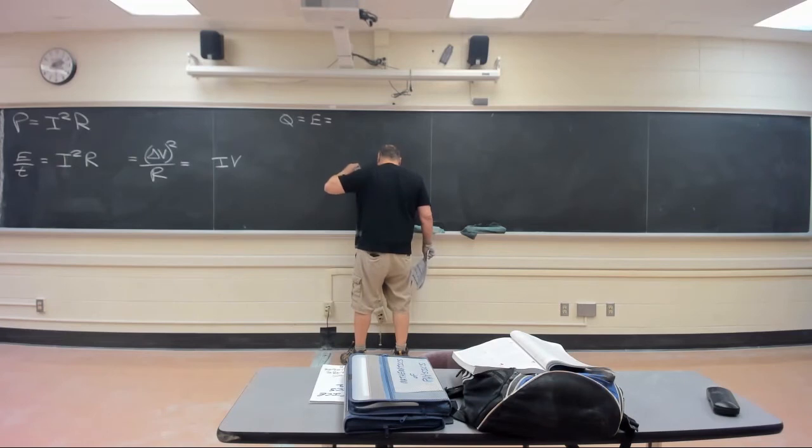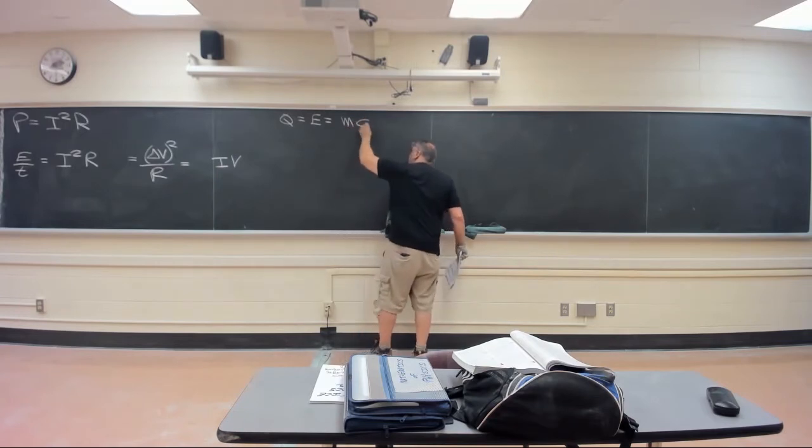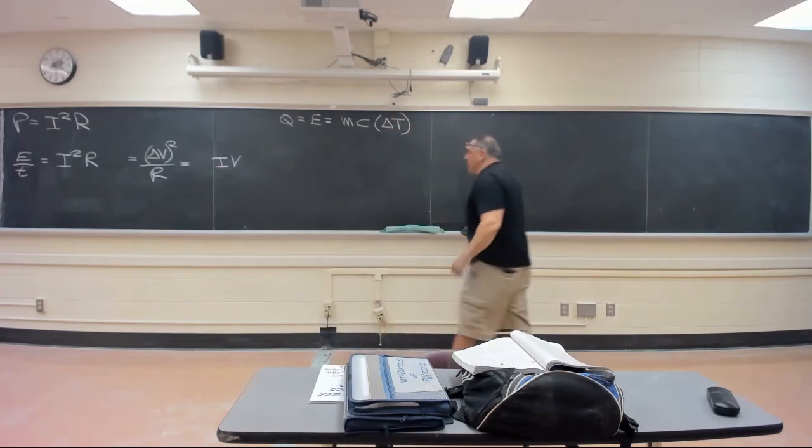How much heat energy do I need to change M amount of mass? Well, if there's a lot of mass, you need a lot of heat energy. It's directly proportional to the mass, directly proportional to the specific heat capacity, and directly proportional to the change in temperature.